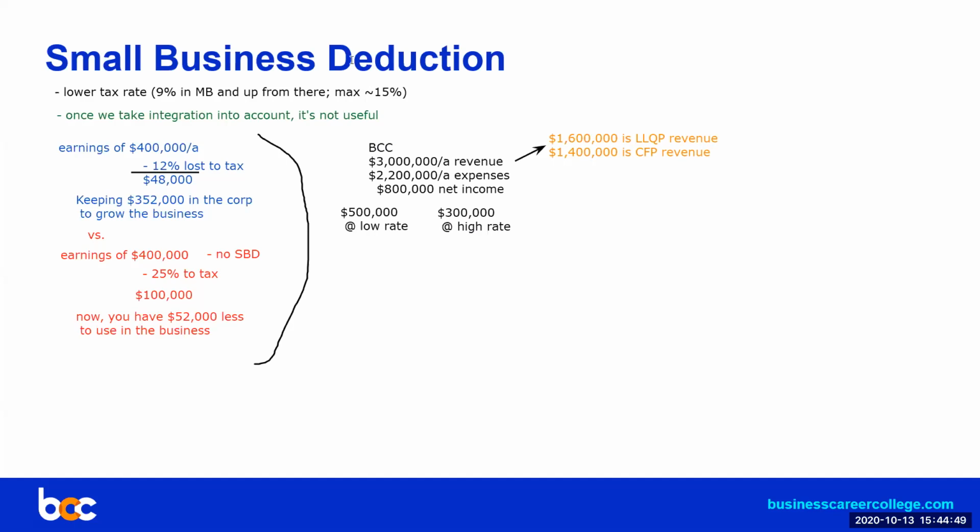I am going to take Business Career College, owned by Bob, Penny, and Jason. So the Watt family here owns Business Career College. And this isn't quite true, but let's say we're 33% each, just so we have an example here.